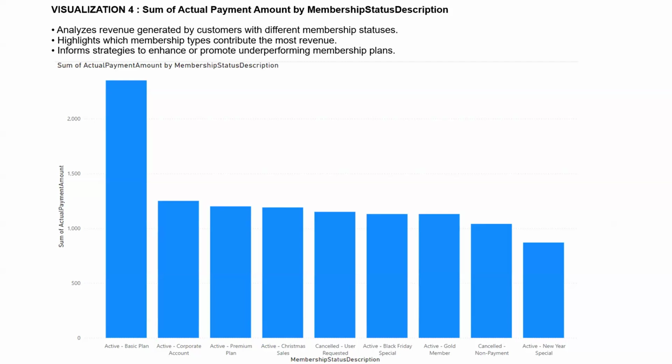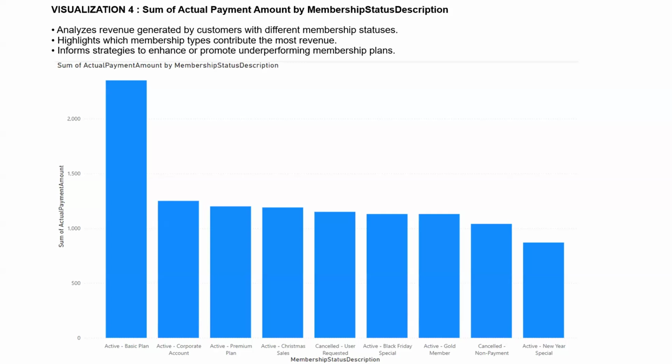This insight can guide the strategies of the managers to enhance popular plans and also promote the less utilized ones. Finally, it can drive better membership engagement and increase our car rental system's revenue.